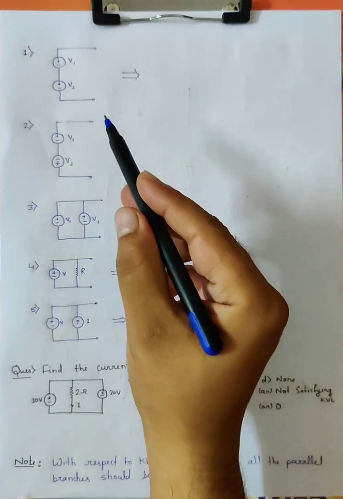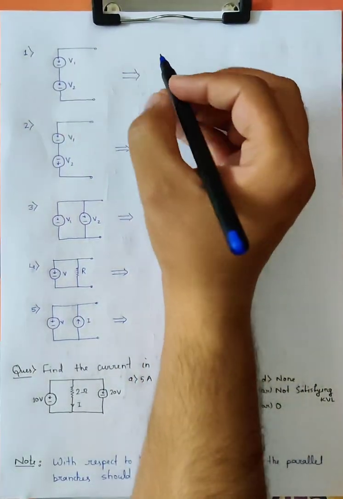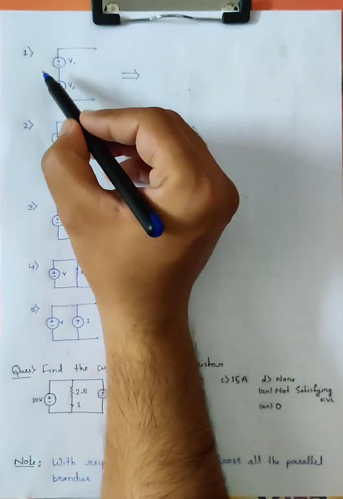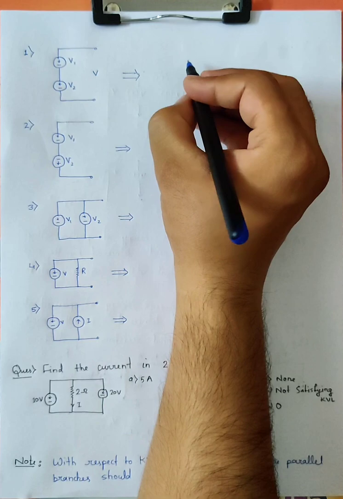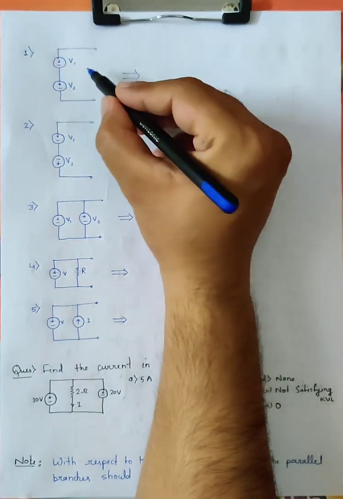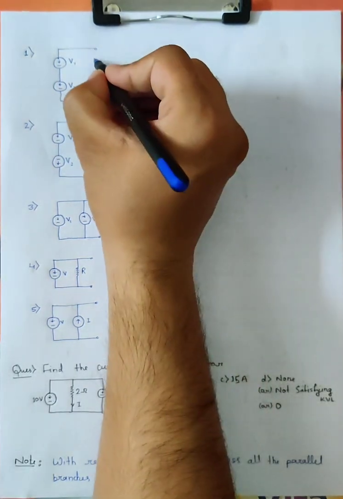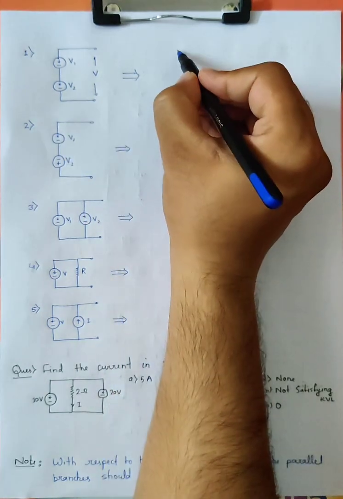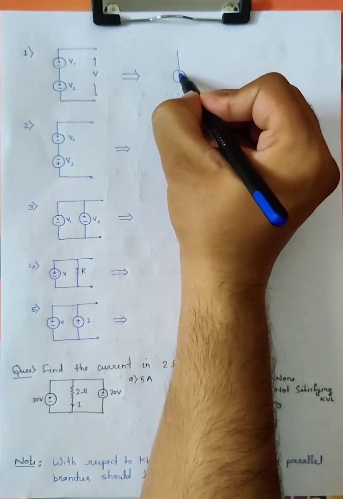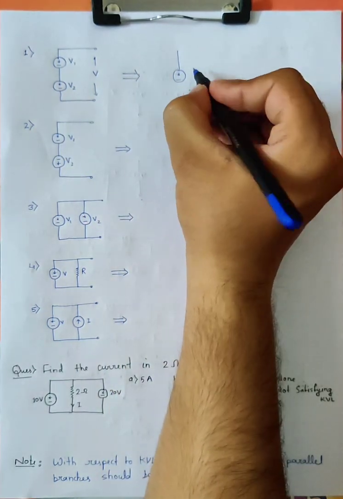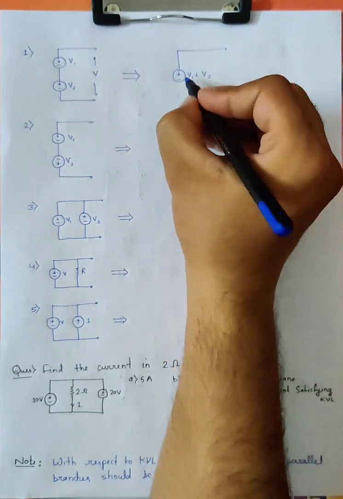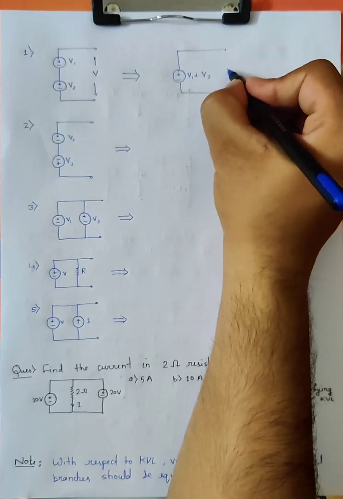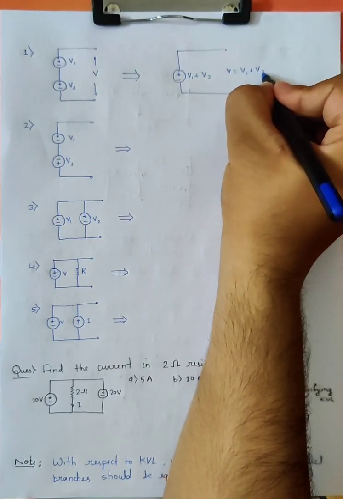Let's consider these illustrations for further understanding of the voltage source. In this case, terminal voltage V will be equal to V1 plus V2. We can also draw this as a single voltage source V1 plus V2. V is equal to V1 plus V2.